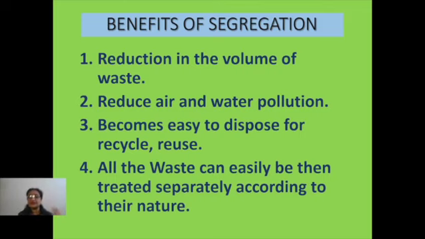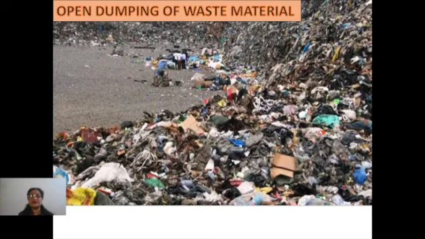So in this manner, the total pollution which would otherwise have been caused has been reduced. Then it becomes easy to dispose of the waste altogether. The two most important steps in disposing of waste are the recycling of a certain category of waste and the reusing of waste. Now all the waste can easily be treated separately. Once it has been segregated, it can easily be treated separately.